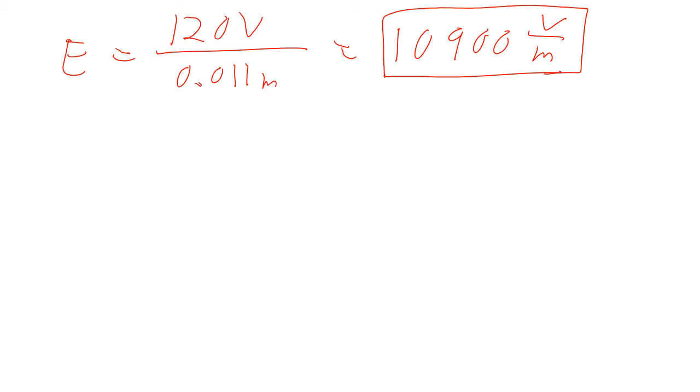It's a little more complicated than that, because wall outlets give you AC, not DC, but this is just to give you a ballpark idea of how to figure that electric field.